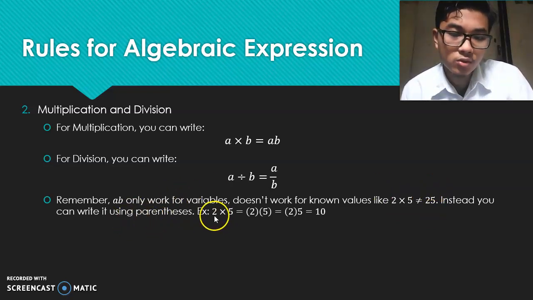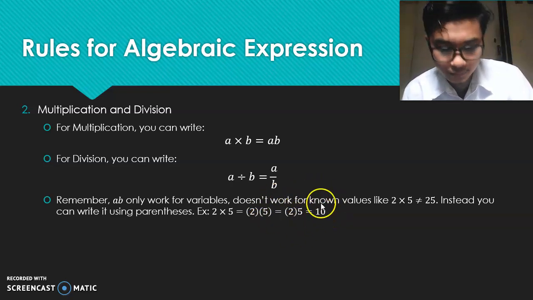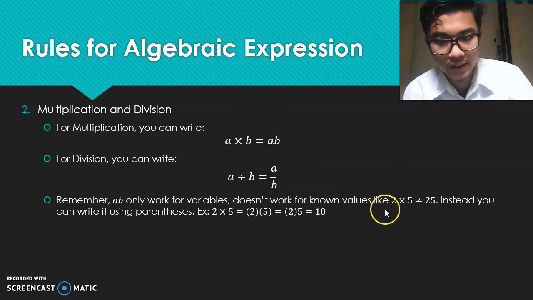For example, 2 times 5: in the brackets, 2 multiplied by 5, so we know that this one is working as multiplication. 2 times 5 equals 10. So now we know that the right answer is 10. Remember, it only works for variables and doesn't work for known values, for numbers, any number.